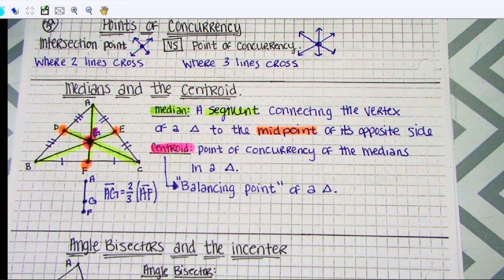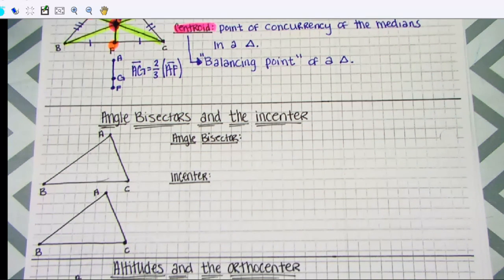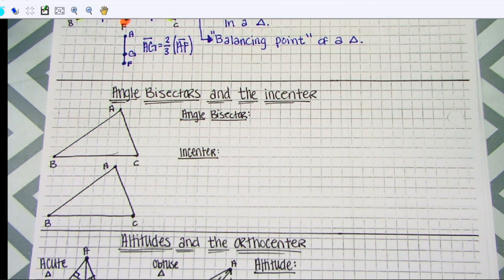Our next one is angle bisector and the incenter. So medians divide sides into equal pieces. Angle bisector is a term from your 11th grade year, whenever you learned about angle bisectors, perpendicular bisectors, midpoints, all that stuff. So what does an angle bisector do?